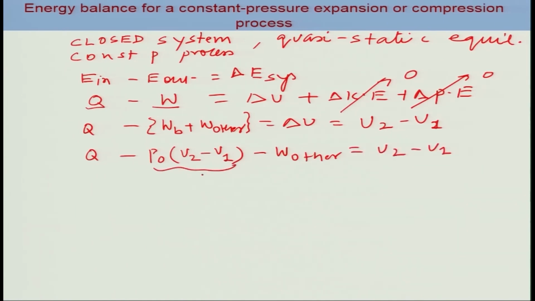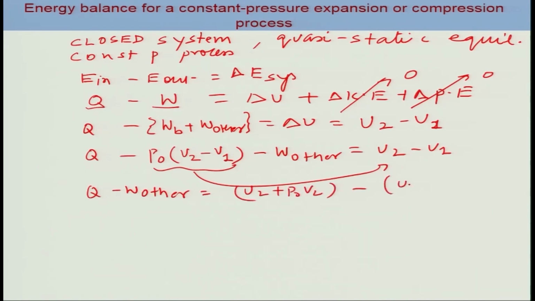You can take this term and bring it here, and rewrite this expression as U2 plus P0 V2 minus U1 plus P0 V1. And we know from our earlier exercise that this term, the internal energy plus PV term, we have represented as enthalpy. So this is going to be H2 minus H1.